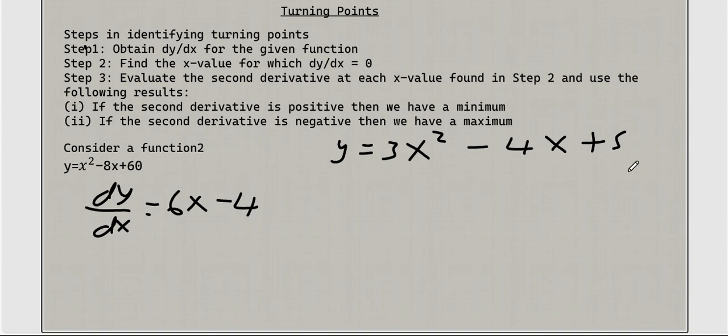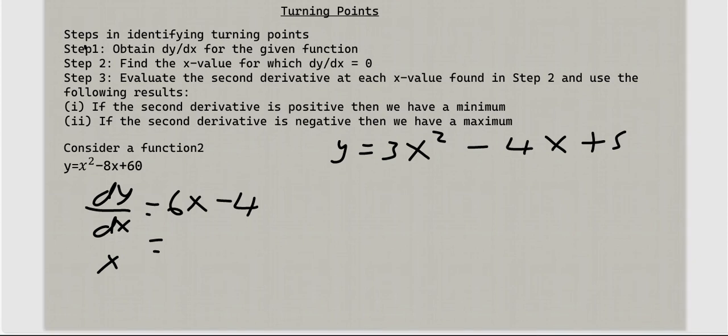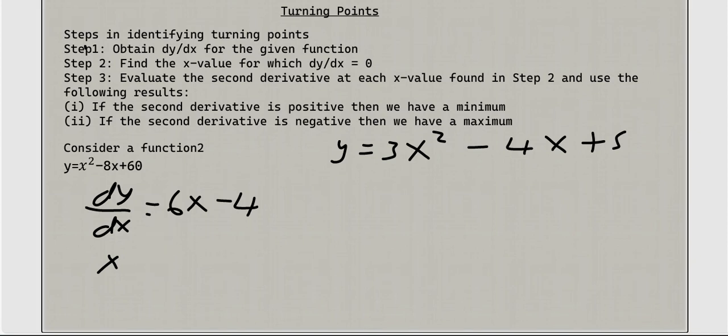Find the x value for which dy by dx is equal to 0, and we had gotten that as 2 over 3. So the value of x for which dy by dx is 0 is 2 over 3.